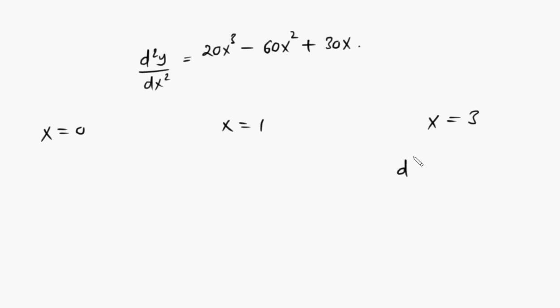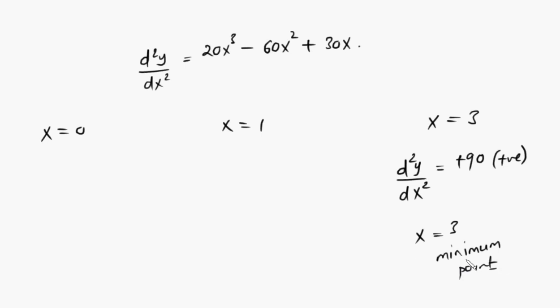So nikiingiza 3 kwa mfano kwenye ile second derivative pale juu, 3 cube ni 27 mara 20 ni 540. 3 square ni 9 mara 60 ni 540. 540 minus 540 ni 0. 30 mara 3 ni 90. So hapa nitapata positive 90, okay? So this is positive. Kwa hiyo x equals to 3 bila shaka ni minimum point, because when the second derivative is positive, then the turning point is minimum.